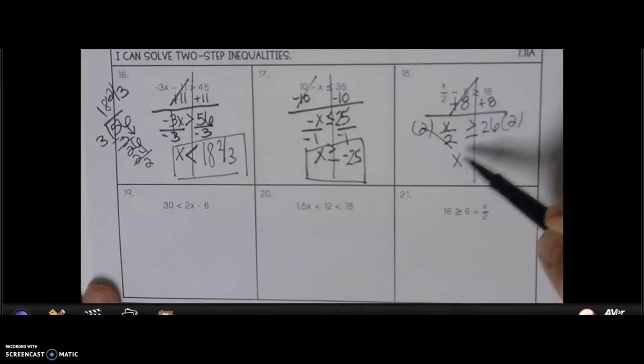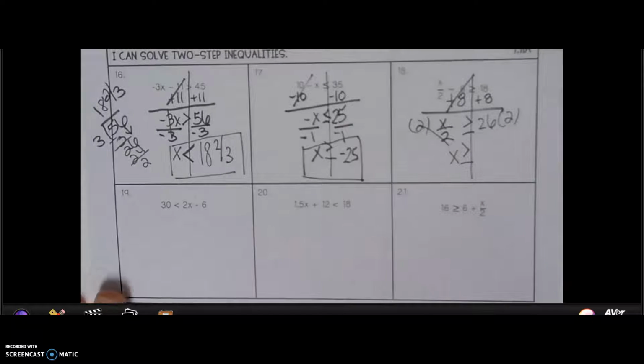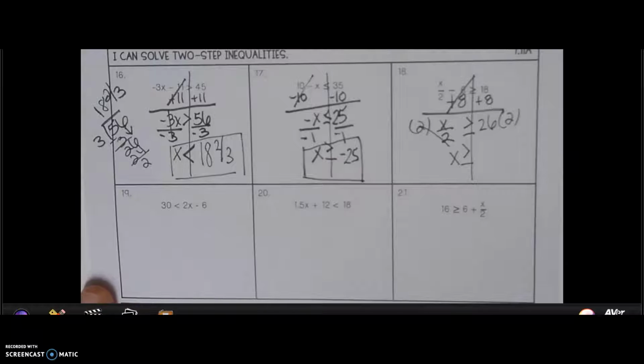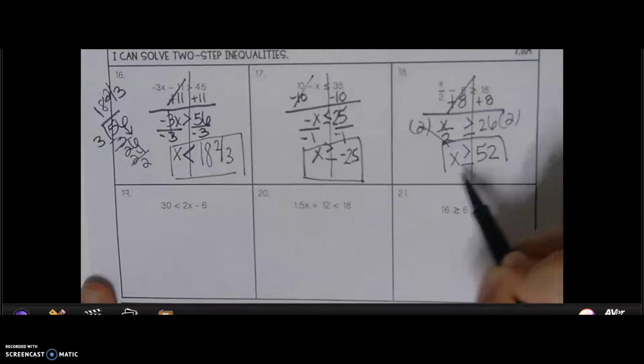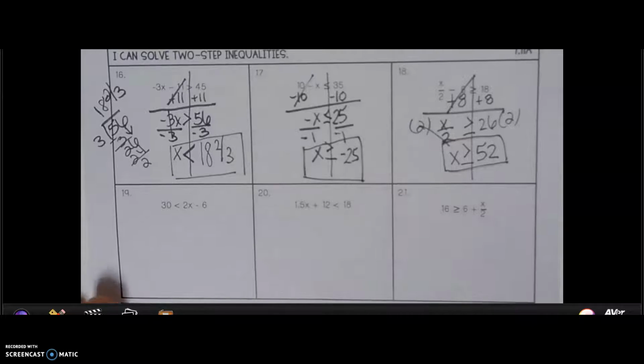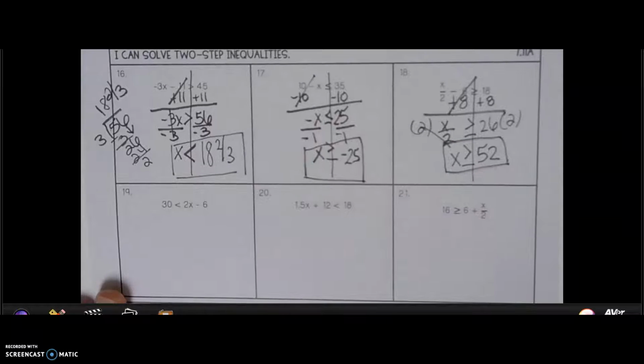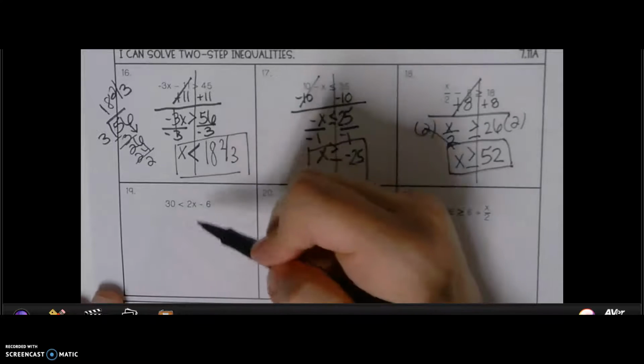I don't have to do anything with my inequality symbol because I did not multiply or divide by a negative. And 26 times 2 is 52. So x is greater than or equal to 52. So any number that is greater or equal to 52 would fit a solution for this inequality.